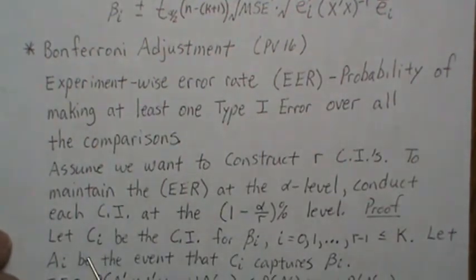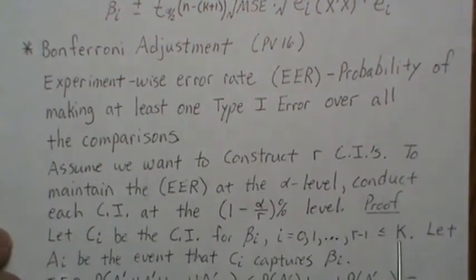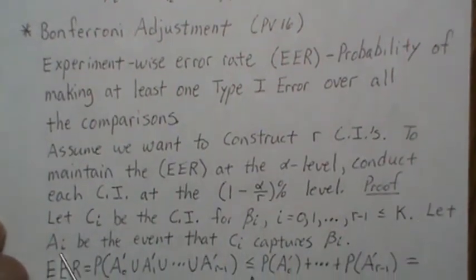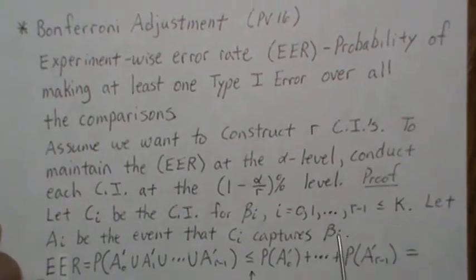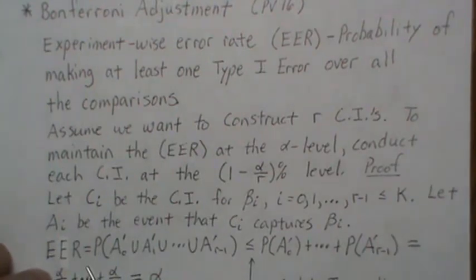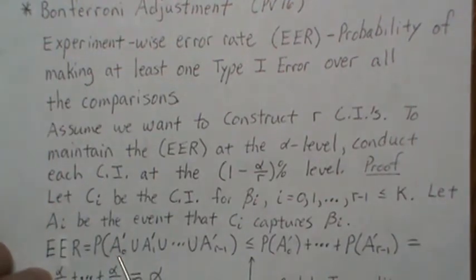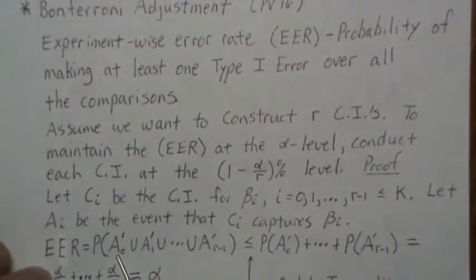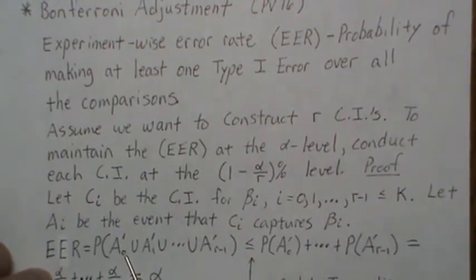So let C_i be the confidence interval for beta_i, and this is for the first r betas, and r is less than or equal to k. It could equal k, but we're just going to call it r generically. So let's let A_i be the event that C_i captures beta_i. Now the experiment-wise error rate, remember that's the probability that we make at least one type 1 error. So that's the probability that we don't capture the true beta, for beta 0.